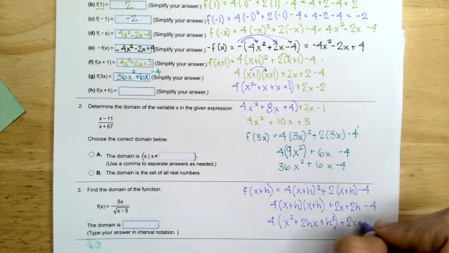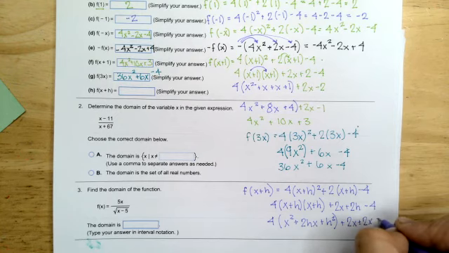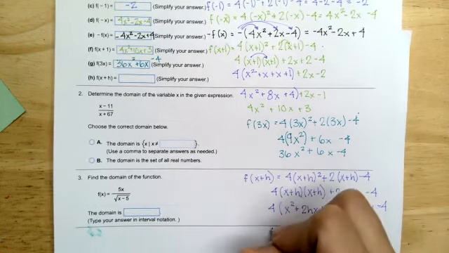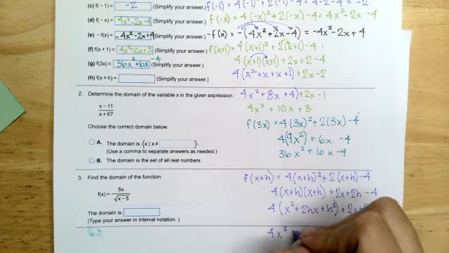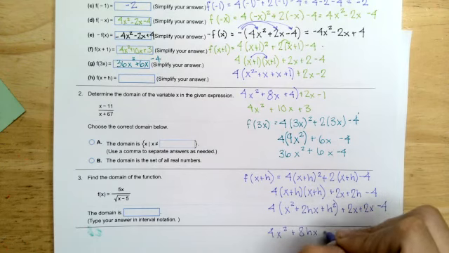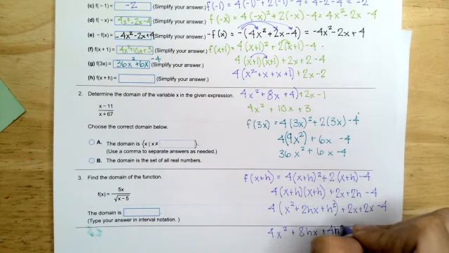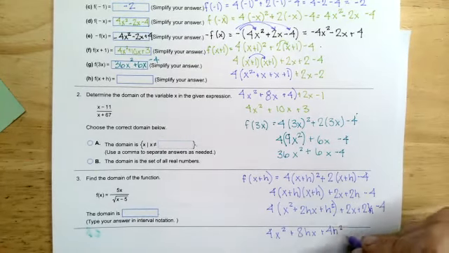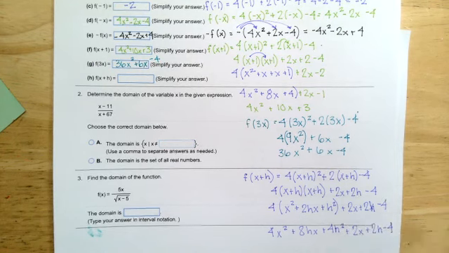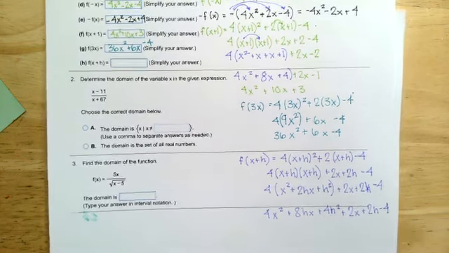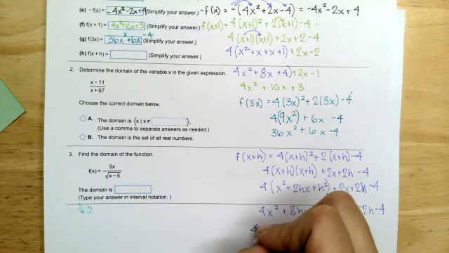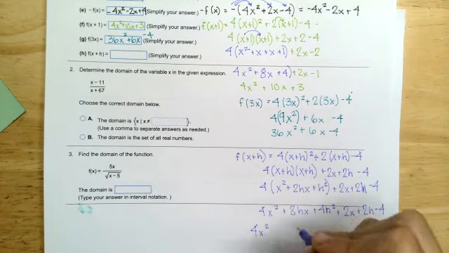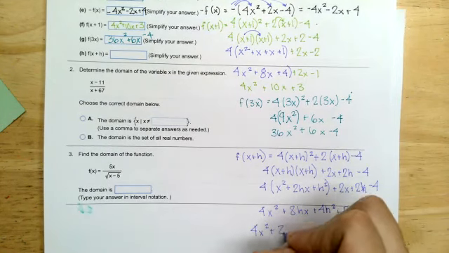Plus 2x plus 2h minus 4. That becomes 4x squared plus 8hx plus 4h squared plus 2x plus 2h minus 4. Yeah, that's in its simplest form.